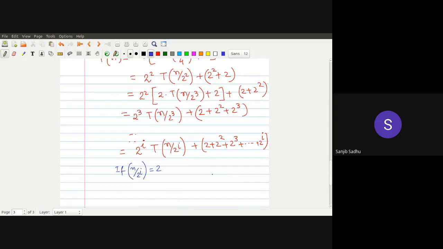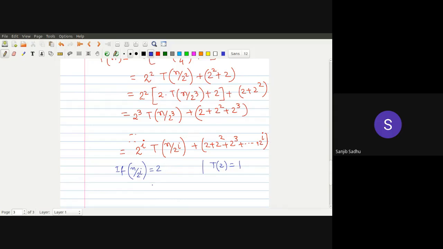You check, because we know t2 is 1. So if you put this equal to 2, then this portion will terminate, means there will be no term involving t. Fine. So if this is 2, then this will be 1.